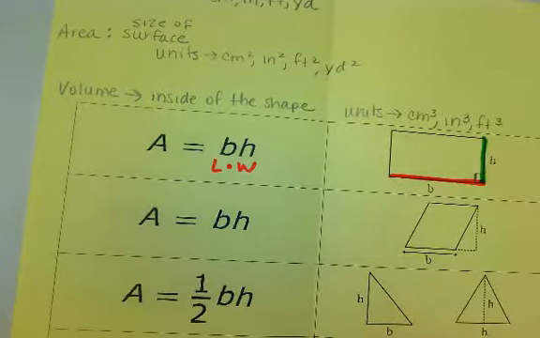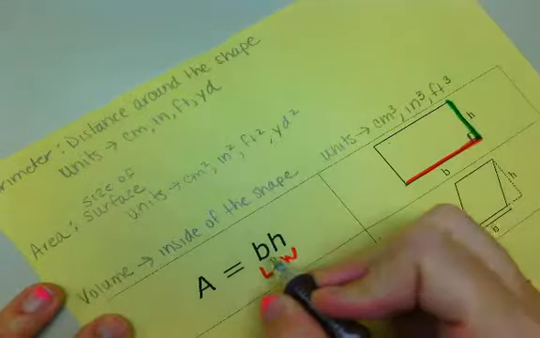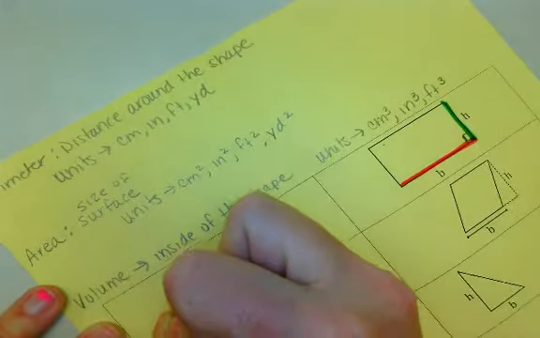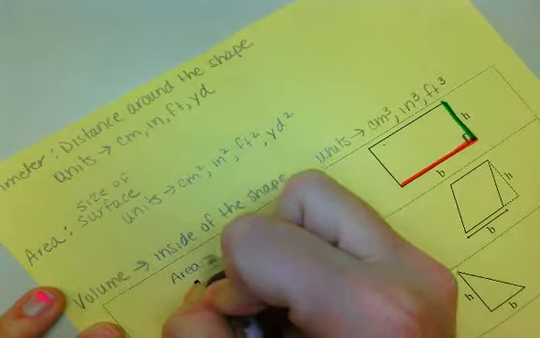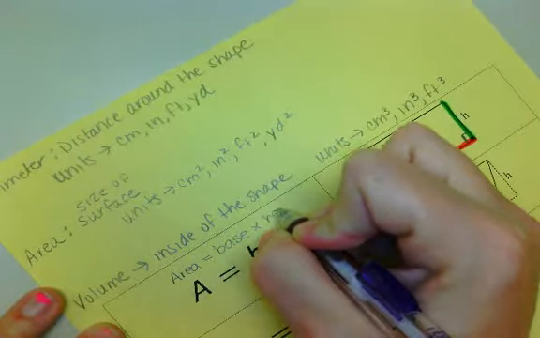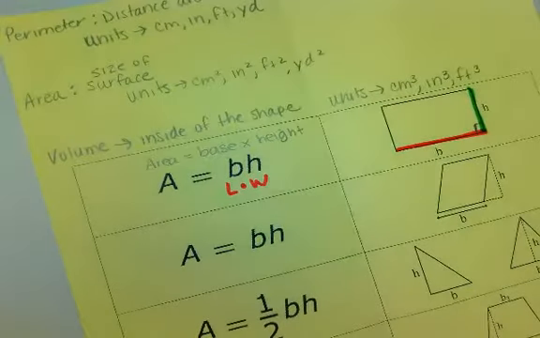You have your area is your base times your height. And I highly recommend that you write that down, because sometimes when y'all just see B and H, you don't understand. So I would right here write area equals base times height. Okay, and that's for area of a rectangle.